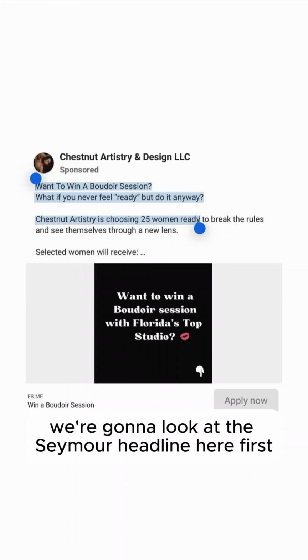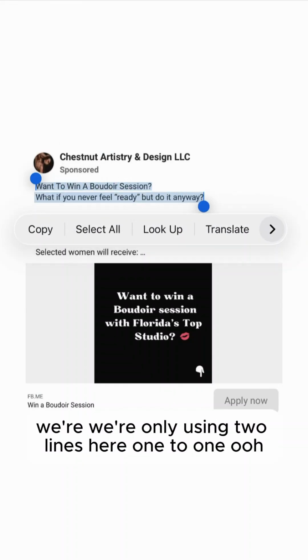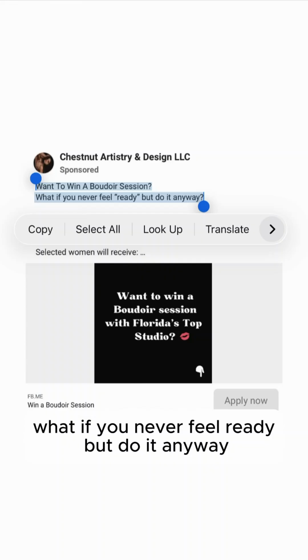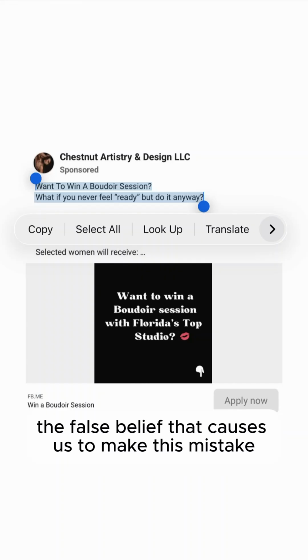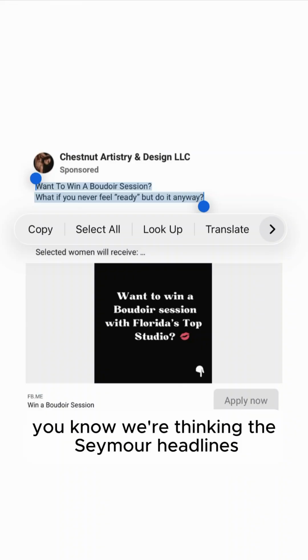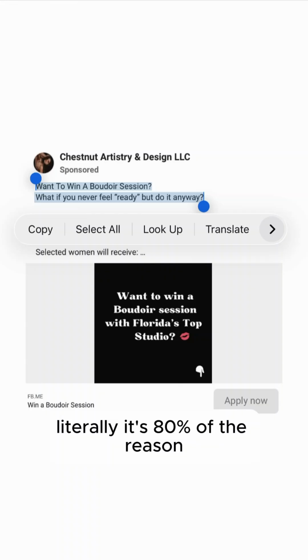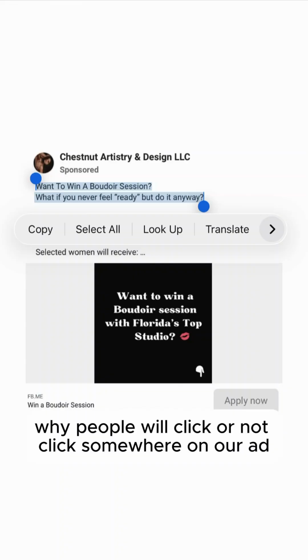Finally, we're going to look at the see more headline here. First 2 3/4 lines, Facebook mobile newsfeed. We're only using 2 lines here: 120 Boudoir session. What if you never feel ready, but do it anyway? All right, so this is a lack of context mistake. The false belief that caused us to make this mistake is that we think the see more headline is kind of willy-nilly, when in fact it's literally 80% of the reason why people will click or not click somewhere on our ad.